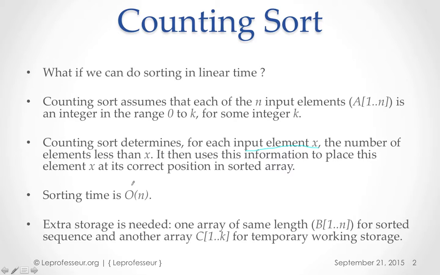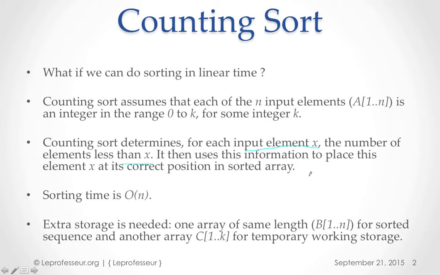And how it uses that: if I know how many elements I have less than x, then I can know the correct position of x in the sorted array. Good. However, if you have more than one element with the same value, then we need some extra storage, or we need some other way to deal with that.